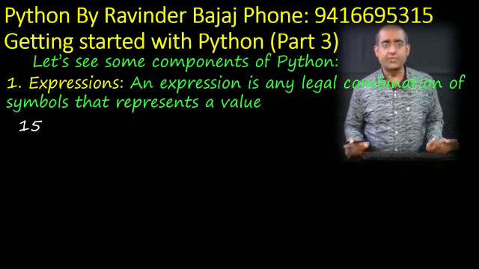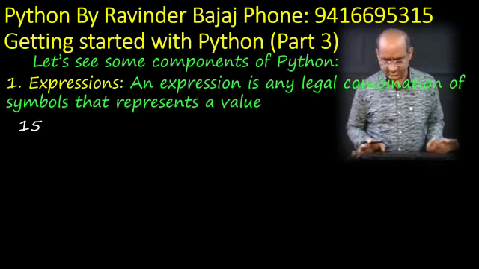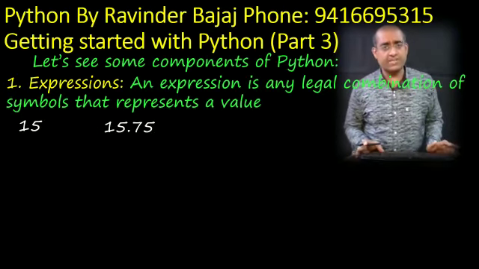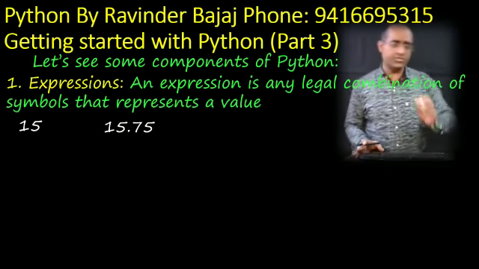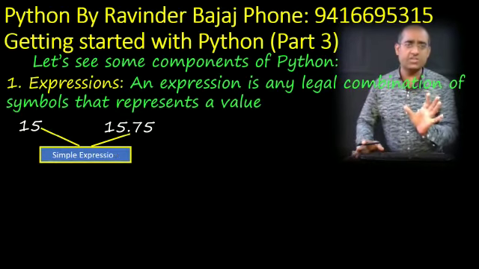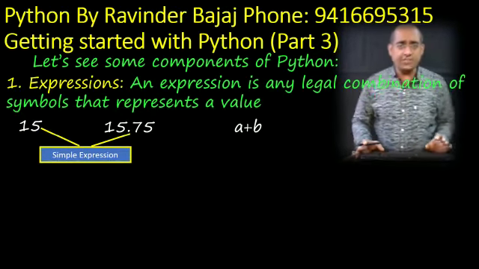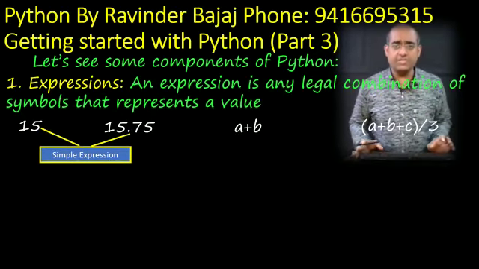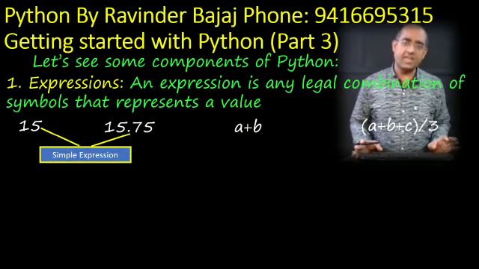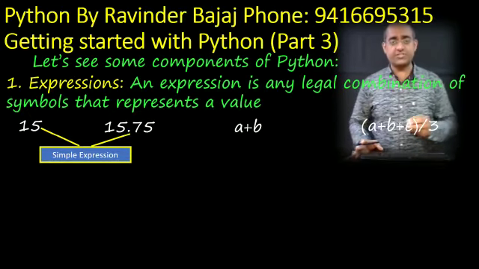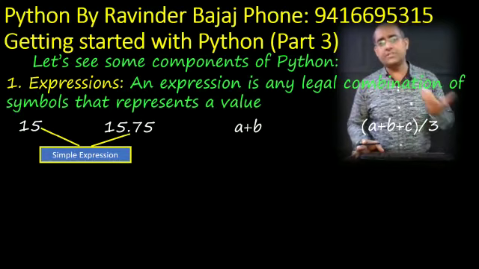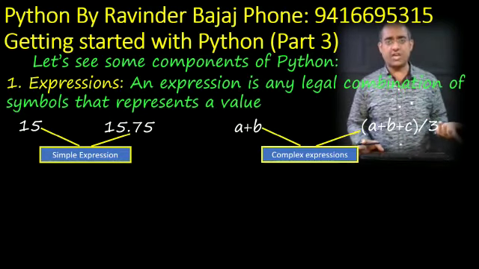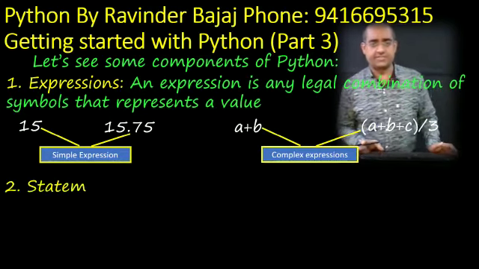See here, 15 is an expression. 15.75 is again an expression, so it is a simple expression. It is giving us a value directly. But a plus b or a plus b plus c by 3, these are again expressions, but these will give us some value after the solution. So these are called complex expressions.